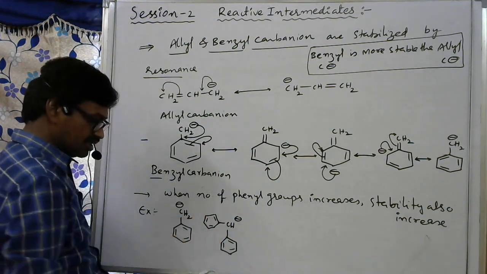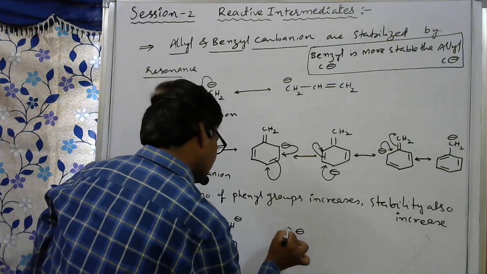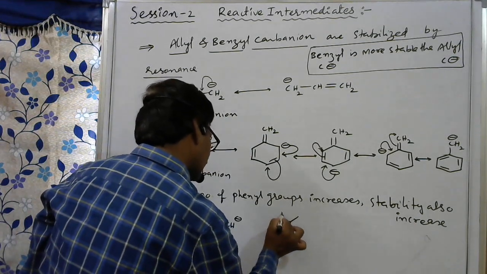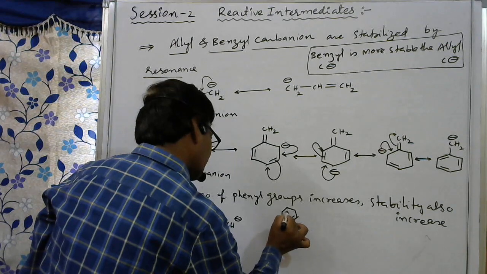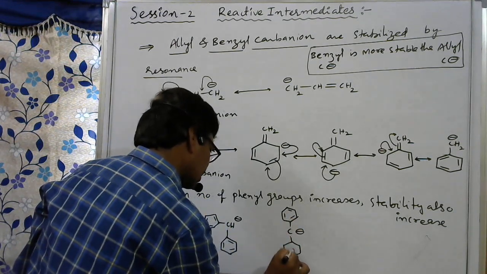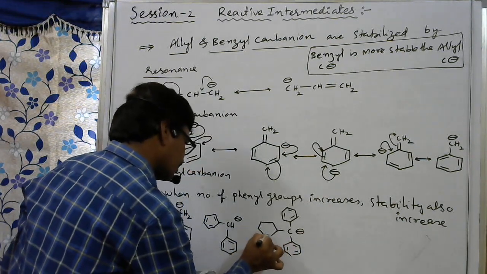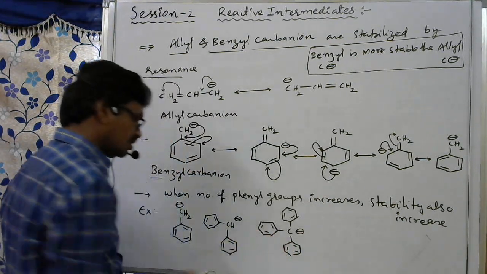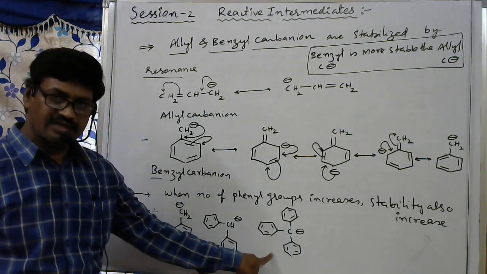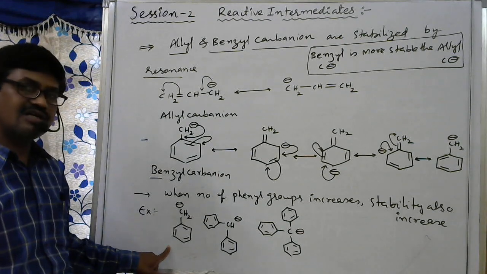This is the diphenyl methyl carbanion. Then C minus, above one phenyl ring, below one more phenyl ring, and this side also one phenyl ring. This is the triphenyl methyl carbanion. This is the diphenyl methyl carbanion. This is just the benzyl carbanion.